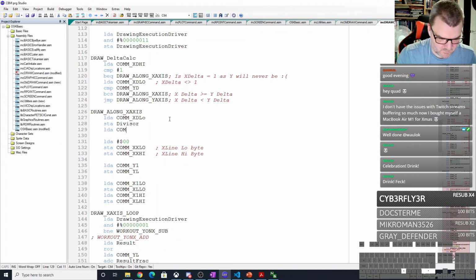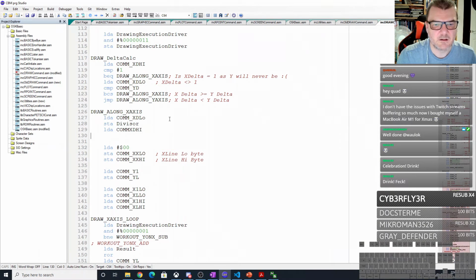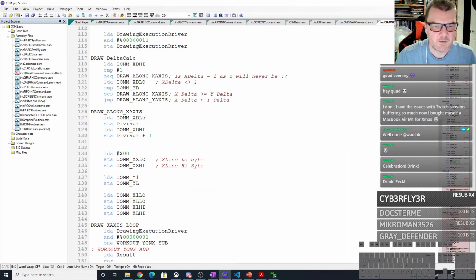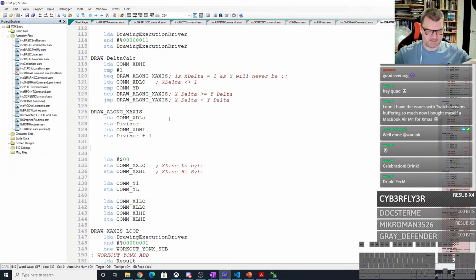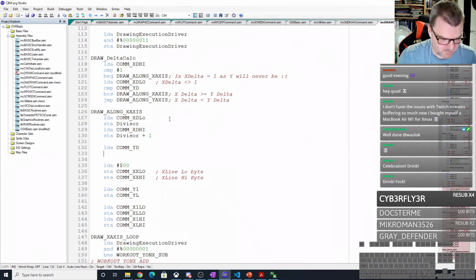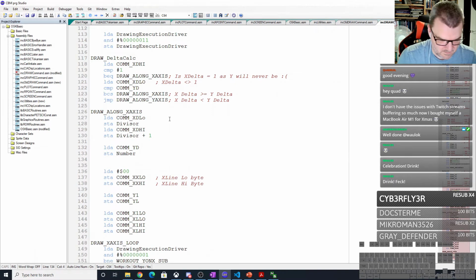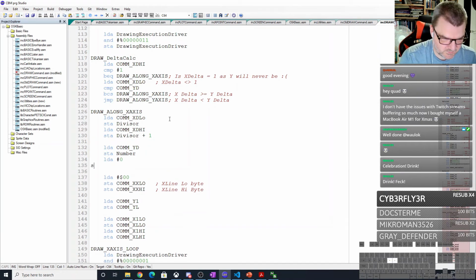Load com xd high, store it in divisor +1. Because we're running along the x-axis, we're now doing y divided by x. So we've put the divide by x in, now we've got to put the y in. LDA com y delta, store it into number. LDA #0, store it in number +1.